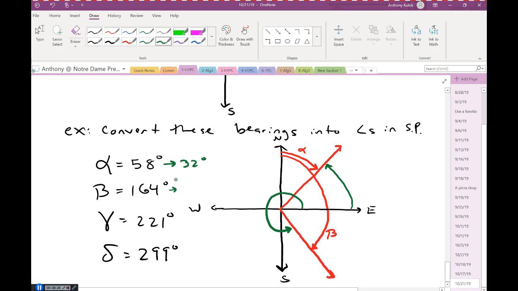$164? What do you mean, how is that 164? Yeah, that's the beta symbol. 286 is correct.